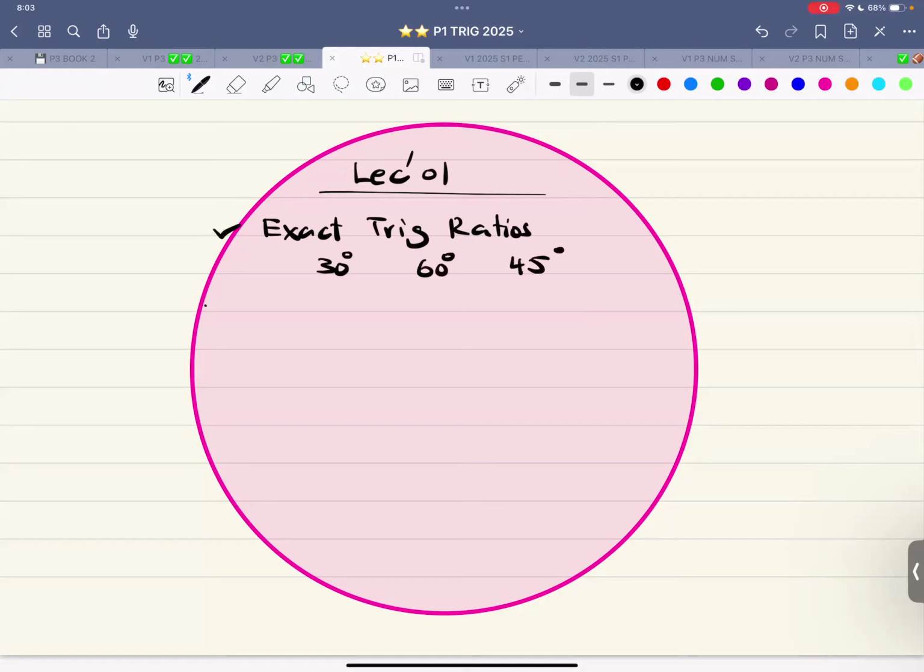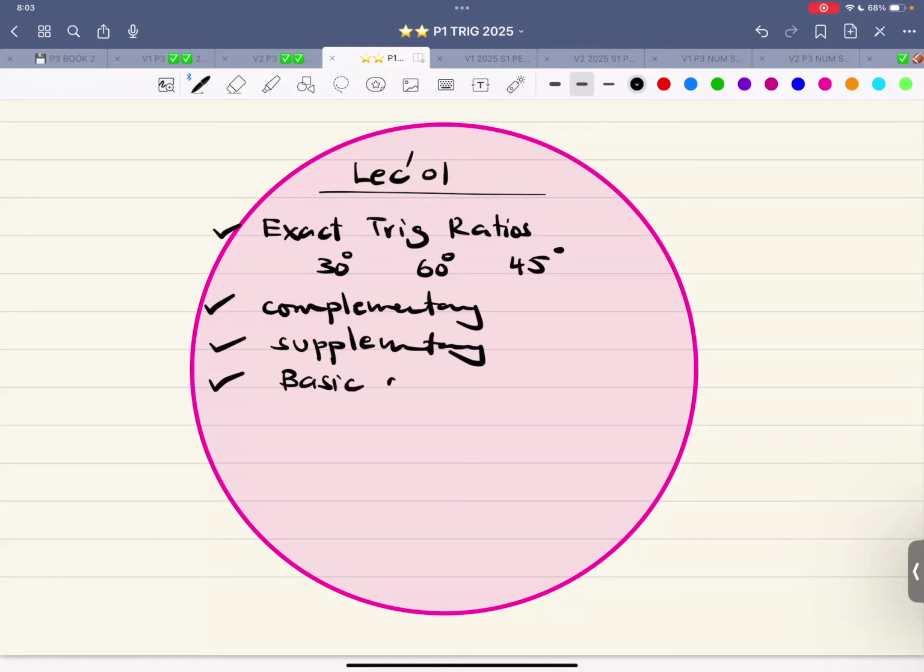We talked about complementary angles, their rule. We talked about supplementary angles, their rules. We talked about what is the basic angle. We talked about quadrants. We talked about the relatives 30, 150, 210, 330.